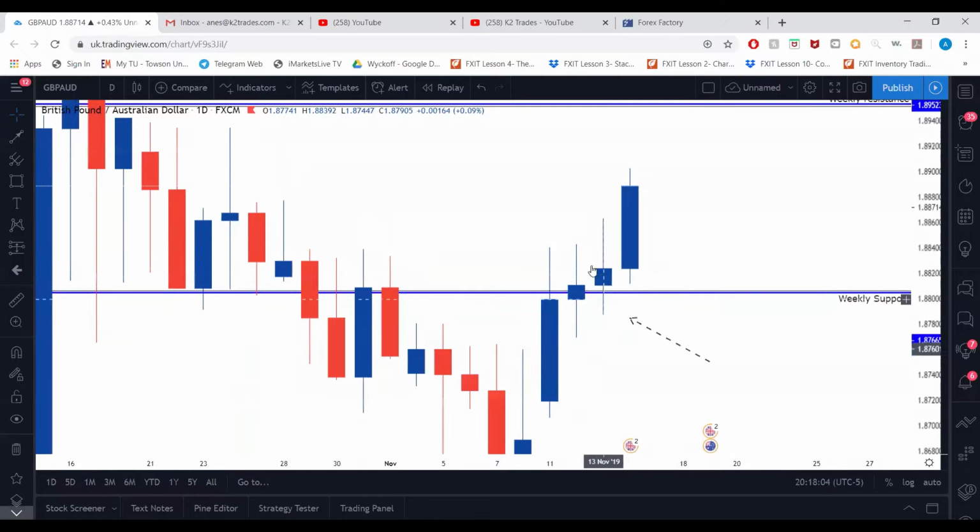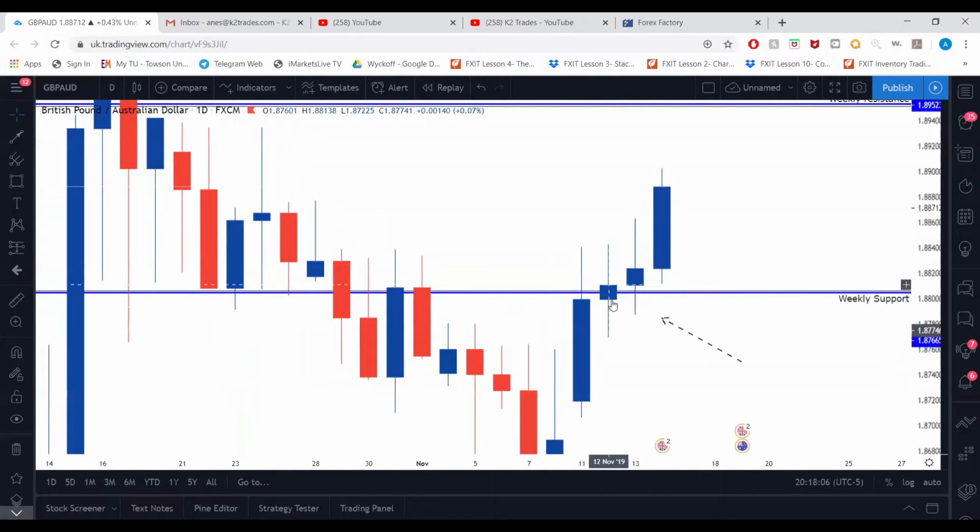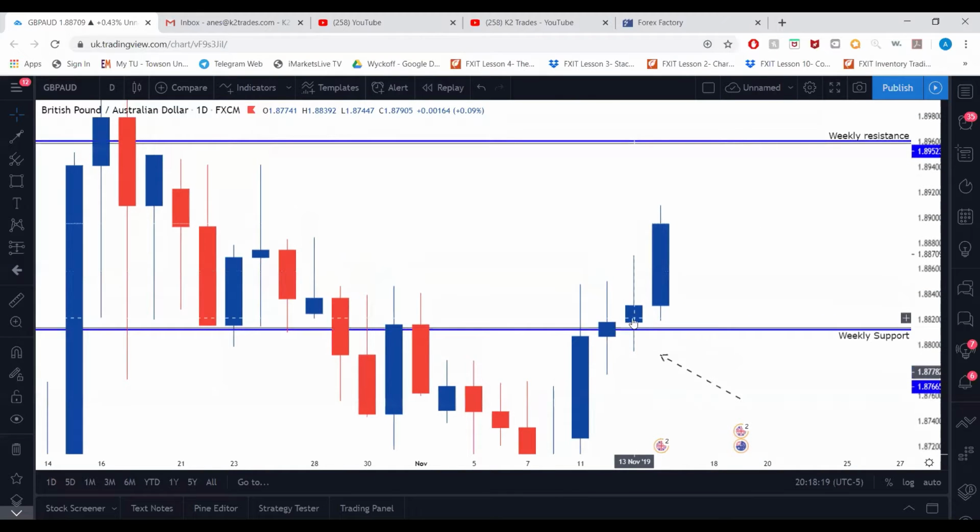So that means there was a big battle between buyers and sellers, but none of them was able to prevail, meaning nobody was able to push the price below this resistance at the time. Now it's support, and neither could they really push it above. Yes, yesterday this body did close above the weekly, now support, but still an indecision candle.